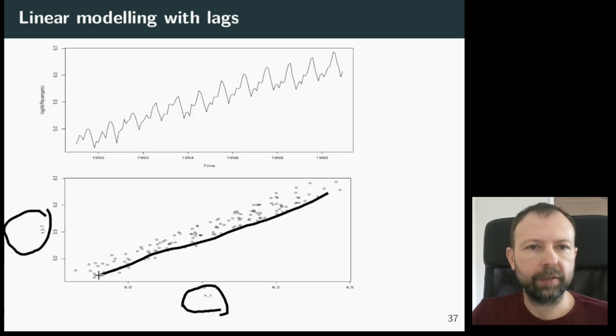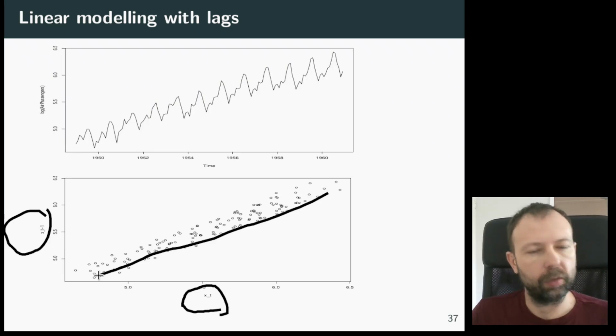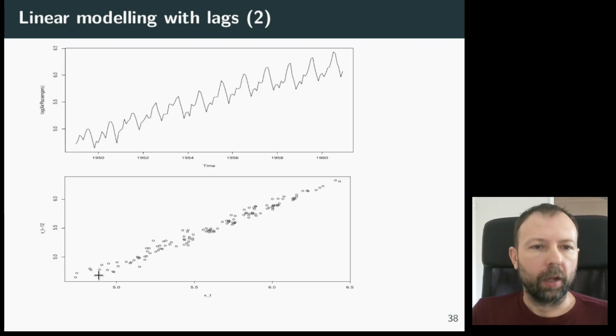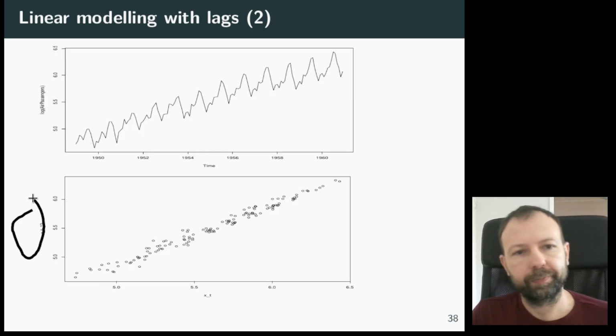And that's obviously something we could use for forecasting, right? So we could say, if we know there's a relationship between x at time t minus 1 and the next value, we can use that for forecasting. Very similarly, x at time t and x at time t minus 12, right?